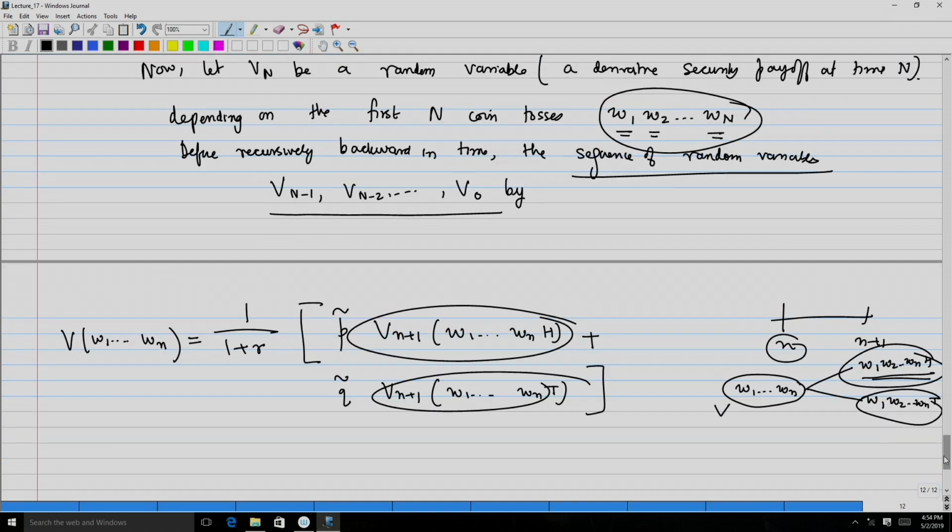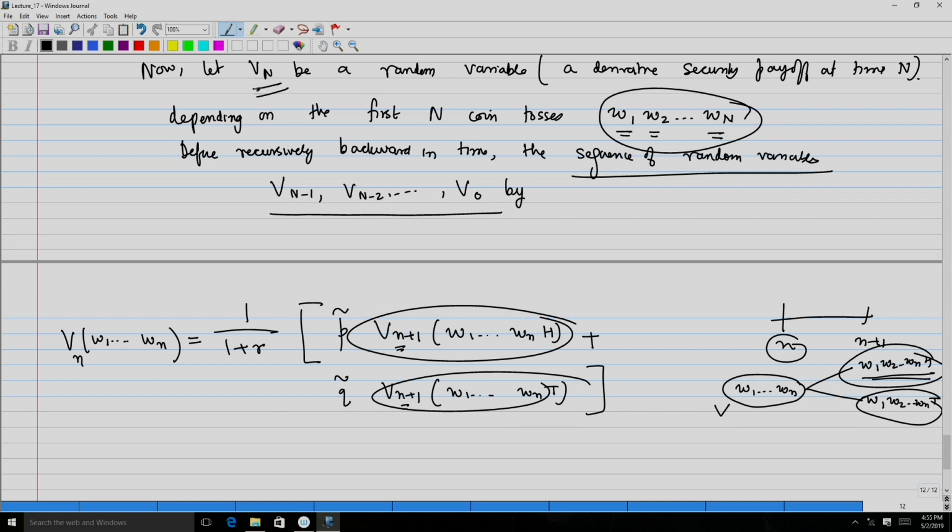Because you remember that V N you already know, it is simply going to be the payoff of the derivative, and you use V N to calculate V N minus 1 from this particular formula. And then once you have obtained V N minus 1, by replacing n to be equal to n minus 1, you can then use this in case of n minus 2 to find V N minus 2 and so on until you arrive at time 0.